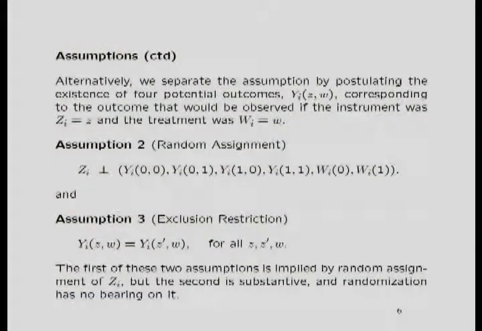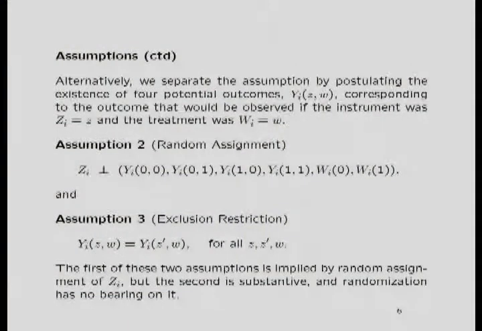But this way of formulating the assumption already embodies a second assumption that is substantively very different, namely that the instrument doesn't directly affect the outcome. In that sense, it's useful to split that up a little bit and in effect extend the notation.